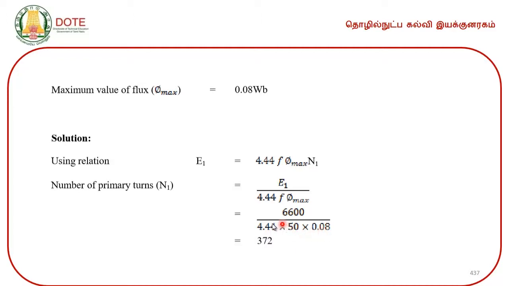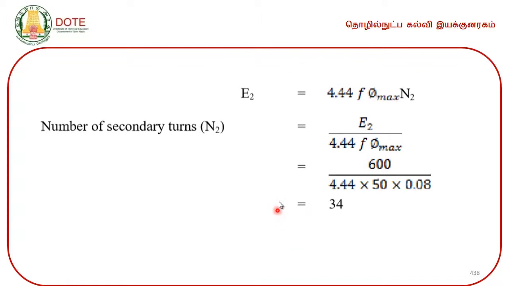By substituting and upon simplifying, you get the number of primary turns as 372. Then similarly, by applying the other EMF equation, E2 is equal to 4.44 f phi max N2, you can find out the number of secondary turns N2 as 34.